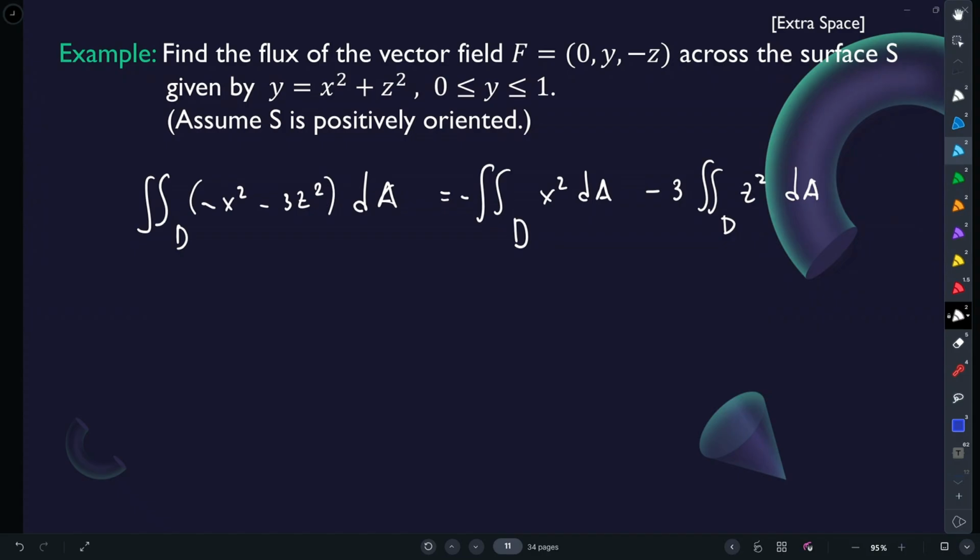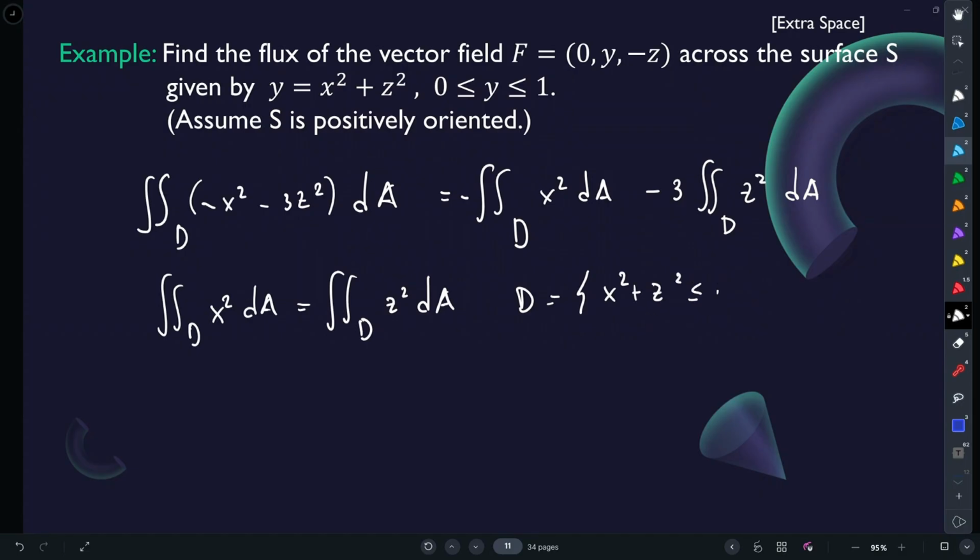So what happens is, in the unit disk, integrating x squared on the unit disk of radius 1 or integrating z squared on the unit disk of radius 1 is actually the same function, okay? So integrating in the disk x squared with respect to area is the same as the integral in the disk of z squared dArea, where the disk is just x squared plus z squared less or equal to 1. So by symmetry, those two things are the same, and I can just compute one of them.